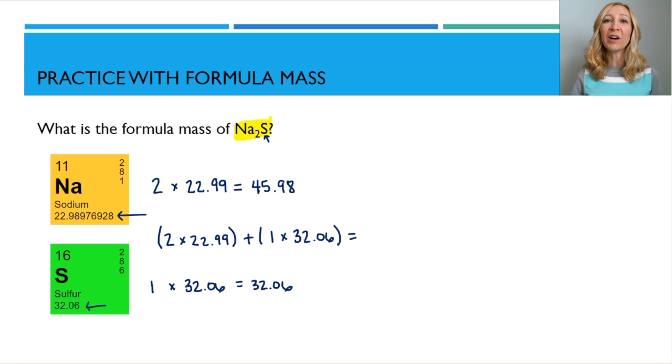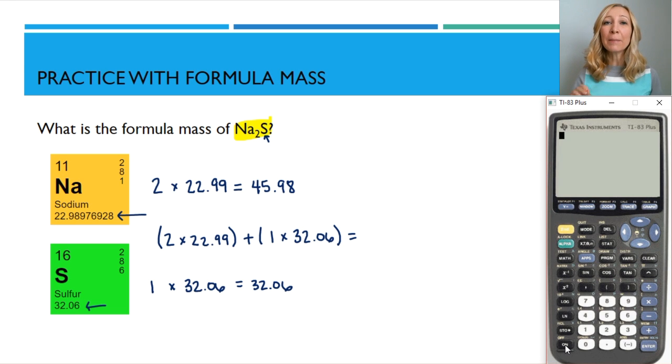Now you don't need the 1 in there obviously in this situation, but I'm putting it in there to show you that there's only 1 sulfur atom. If you know enough about math, you'll know that you can leave that 1 out.